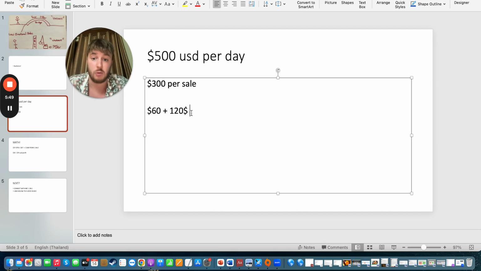Let's say you spend $50 per day on TikTok ads, or Google ads in this case, and you can make up to $300 per sale with all the upsells. So from one person who buys the entire funnel, all the upsells, you can make $250 profit after spending $50 in a day.